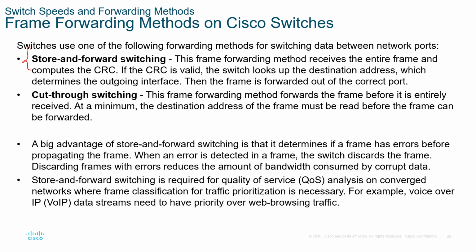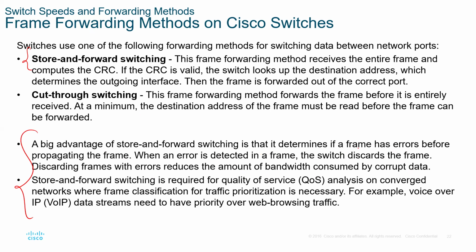Right, going to the text here to conclude, a big advantage of store and forward is that it determines if the frame has errors before propagating the frame. When the error is detected, the switch discards. Discarding frames with errors reduces the amount of bandwidth consumed by corrupt data. So this one we've explained already. Less errors advantage.